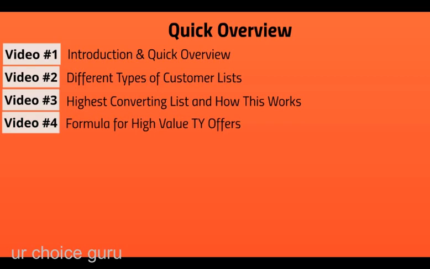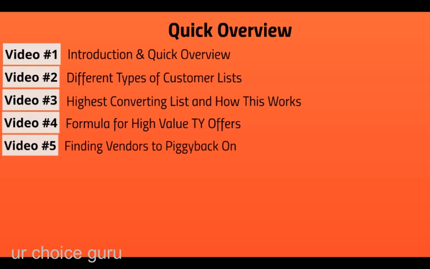So make sure that you watch all the videos step by step, videos 1 through 9. And of course, in video number 4, we're going to talk about the formula for the high value thank you offers, which fits into the overall formula. In video number 5, we're going to talk about finding vendors to piggyback on. Video number 6, we're going to talk about vendor and buyer analysis.